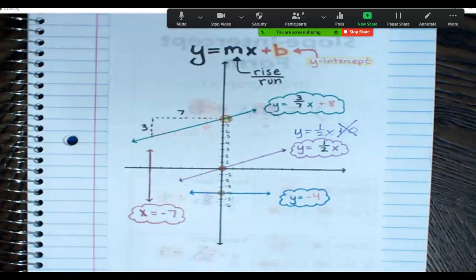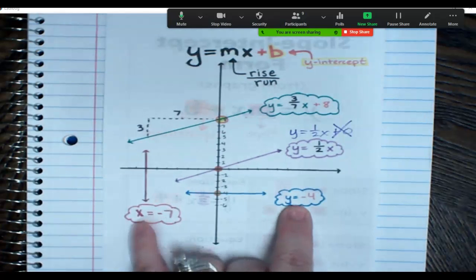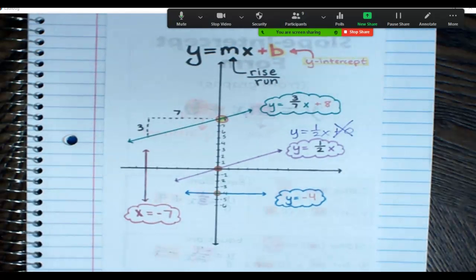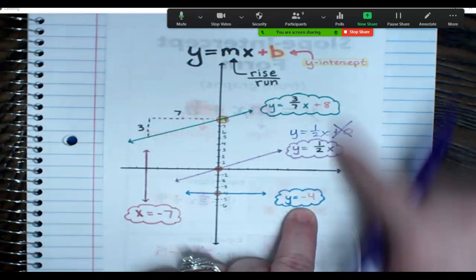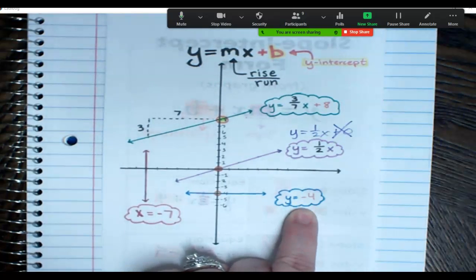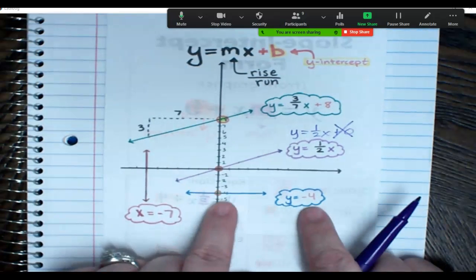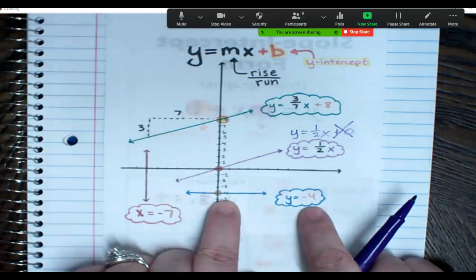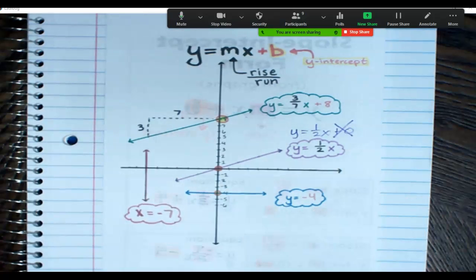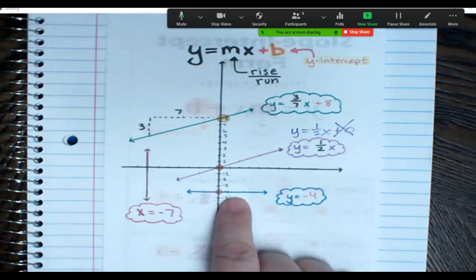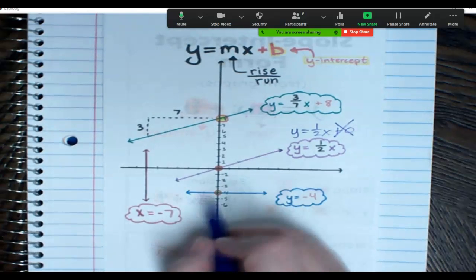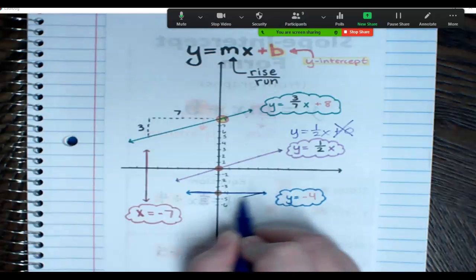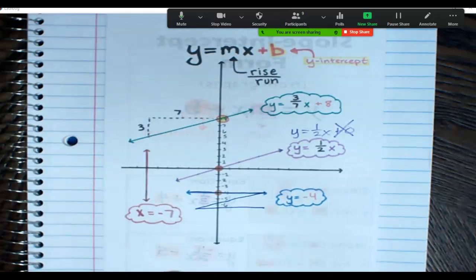Okay? And then the last two, the blue and the red, those are like some special cases. Well, look at the blue. What's missing in the blue from these? The slope is missing. Well, let's look at the graph and see if it is really missing or is it just not showing? Well, what kind of slope do we know horizontal lines have? 0. And remember, if you forgot, you could kind of make a little z for 0.